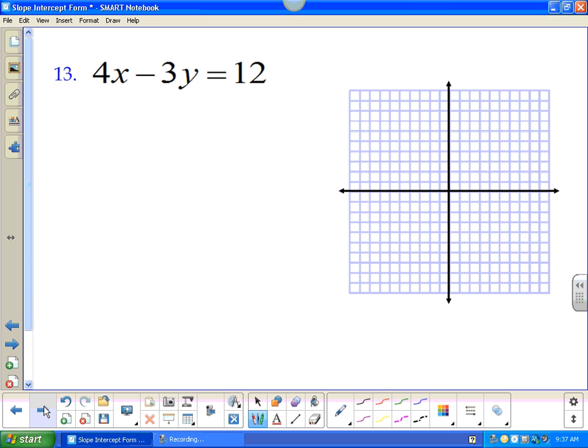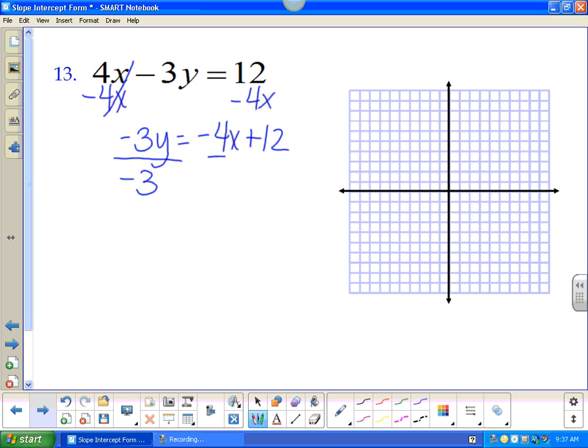Number 13. Need to solve for y. So the first thing I'm going to do is subtract my 4x. So negative 3y equals negative 4x plus 12. Divide by negative 3. Y equals a negative 4 over a negative 3 is a positive 4/3 x.